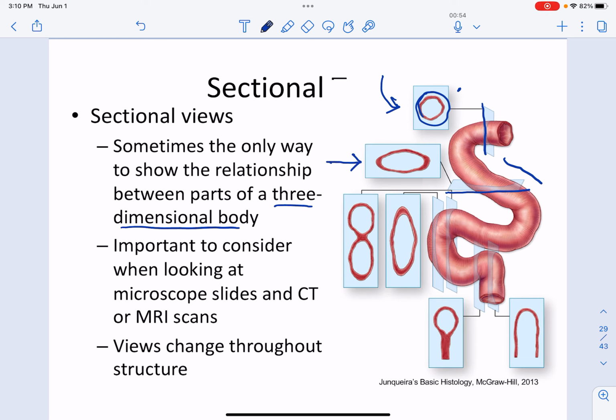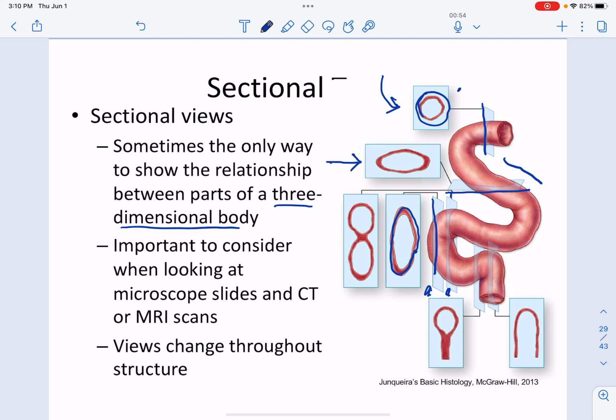So we always have to think back to what the organ looked like, or the orientation that it was in. Here's a couple other examples. If we took this section right here, we would get this elongated view of the small intestine.